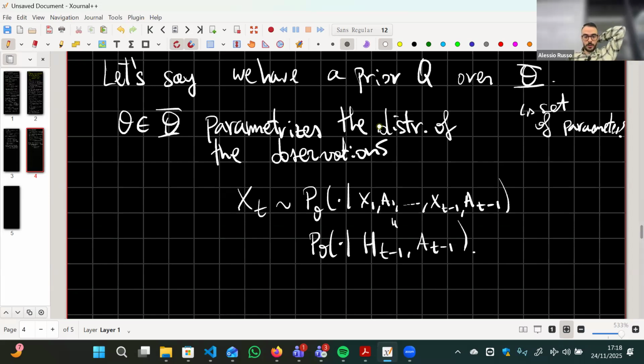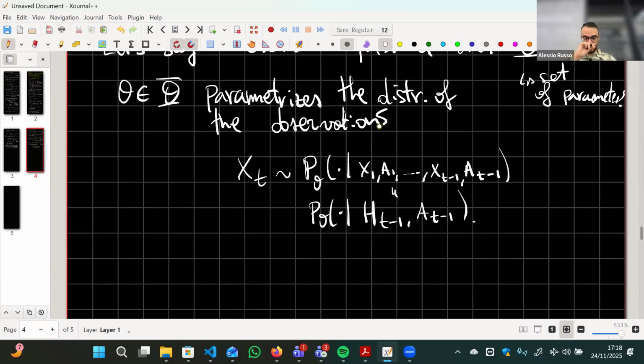We are also going to omit the dependency on the time step from P for simplicity, but it's there because the distribution is different at each time step. In general, in the bandit case, it is not, but in some other problems, it is. So basically, a single parameter theta induces a model P theta.